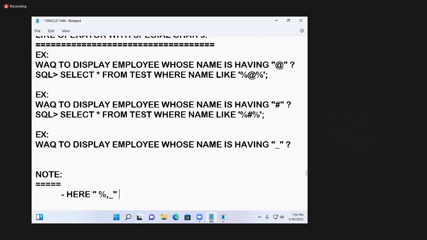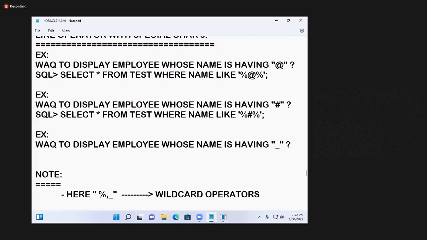So your Oracle database server does not treat these two characters as special characters; it treats them as wildcard operators. That is the reason it doesn't give an accurate and correct output.